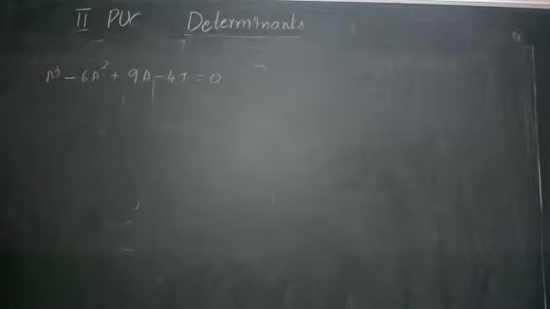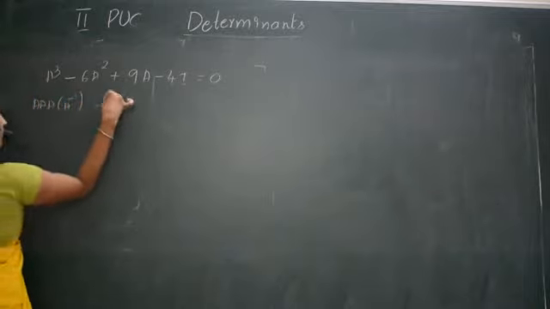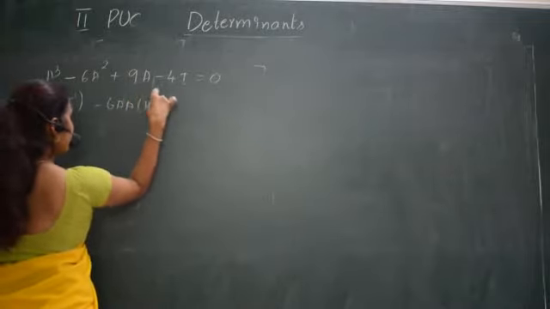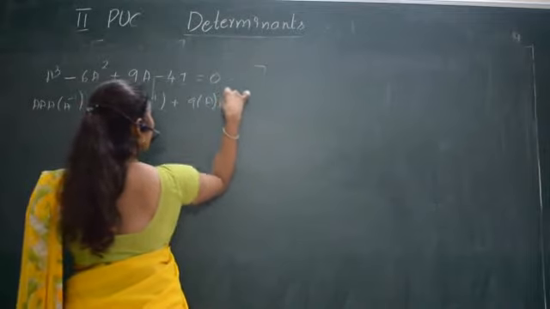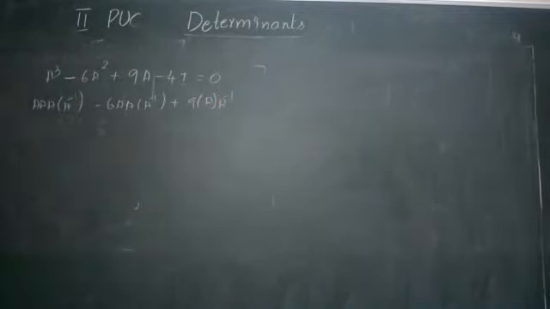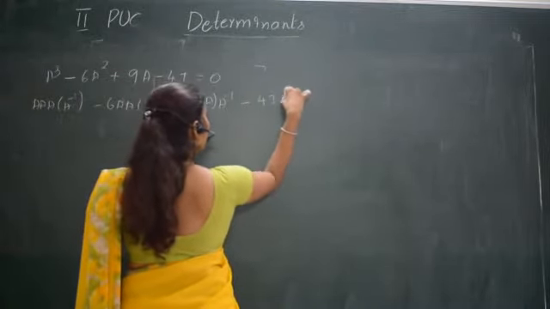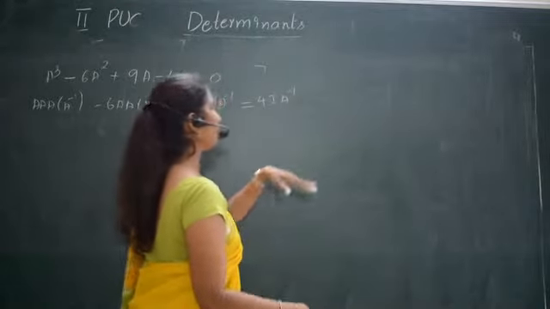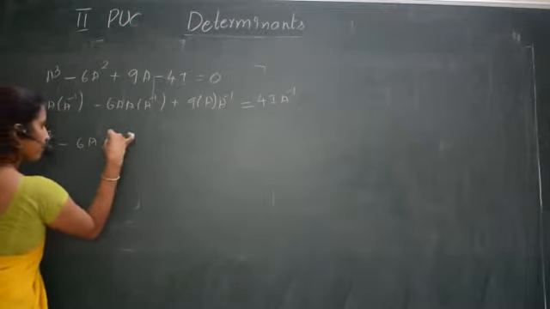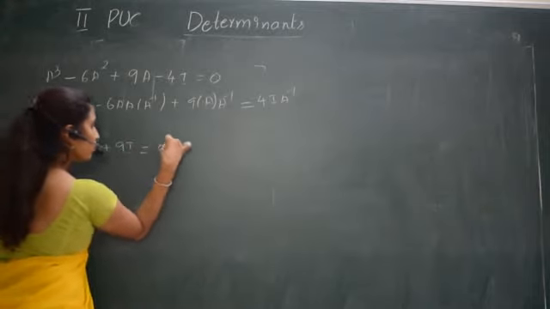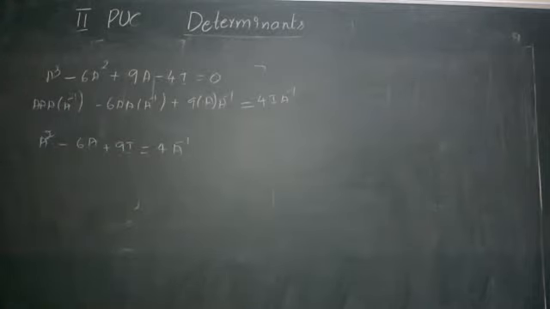When we multiply by A inverse, this will be A cube into A inverse, minus 6A square into A inverse, plus 9 into A into A inverse, minus 4I into A inverse equal to 0. Taking 4 A inverse to the other side, here it will be remaining A square, then minus 6A plus 9I equal to 4A inverse.